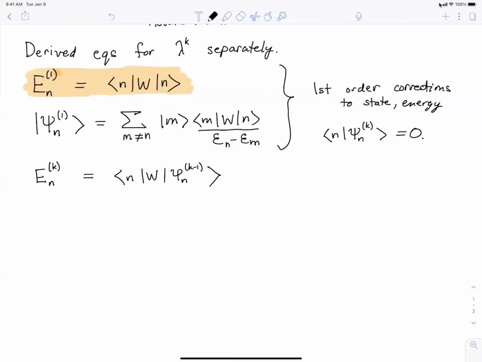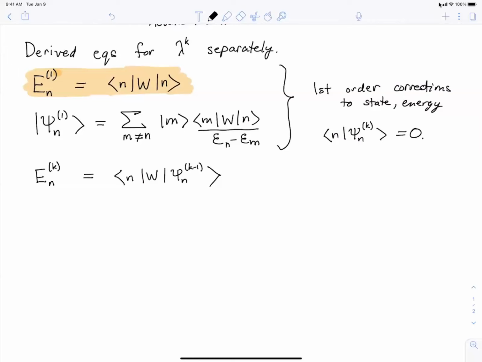Okay, so if the W wasn't there in between, that would just vanish. But the fact that the W is off diagonal in this basis means that this will be non-zero. And so if you know the correction to the state at order k minus 1, then you know the correction to the energy at order k. And so in some sense, all of this boils down to just finding the corrections to the state, and then the corrections to the energy you just get from this formula.